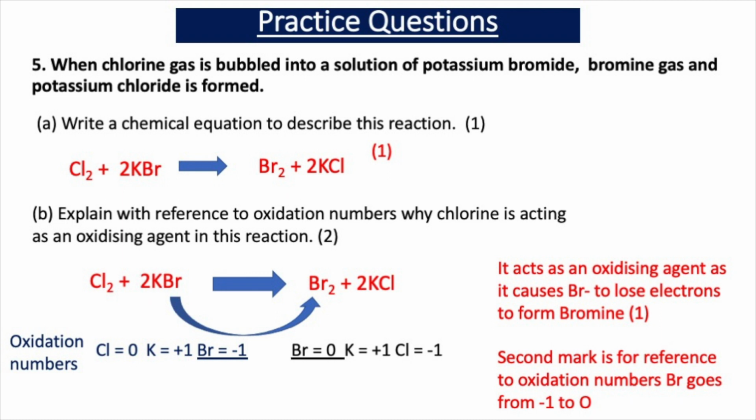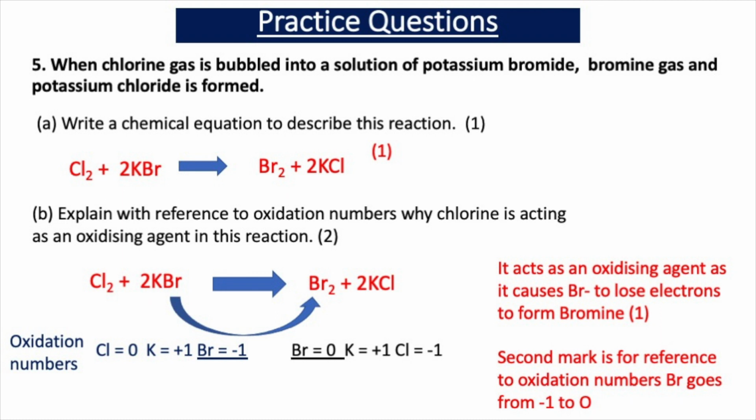So the idea that it's causing Br- ions to lose electrons gets you a mark. And the second mark is if you make reference to the oxidation numbers going from -1 in Br- to 0 in Br2. And this increase in oxidation number is evidence that oxidation is taking place.